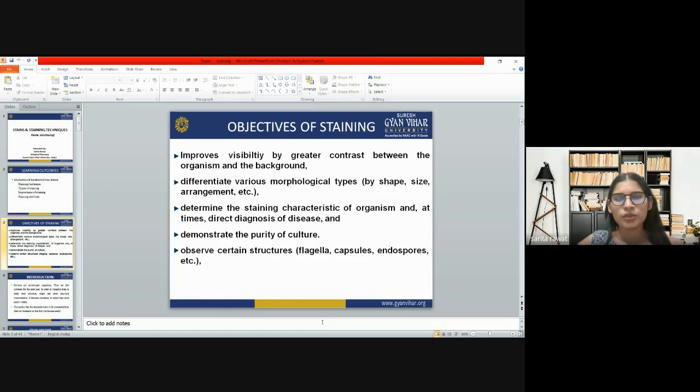Then you will be able to determine the staining characteristics of organisms, at times direct diagnosis of disease, and demonstrate the purity of culture. And you will be able to observe certain structures like flagella, capsule, endospores, etc. So these are the objectives of staining techniques.